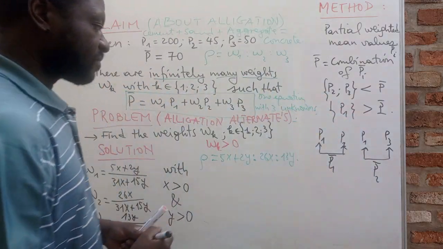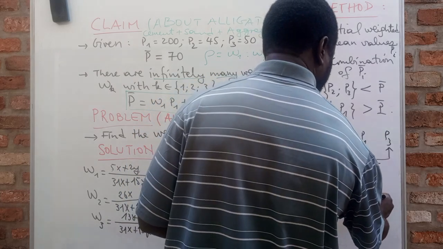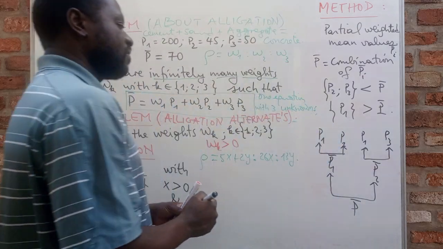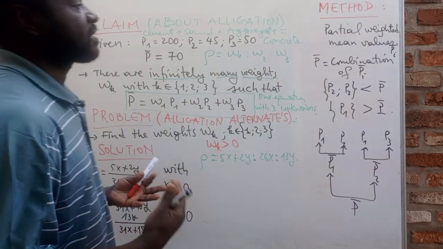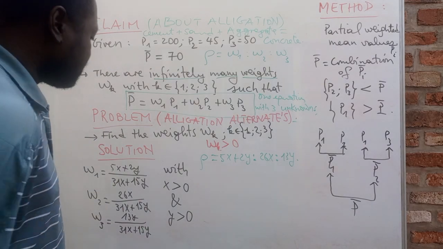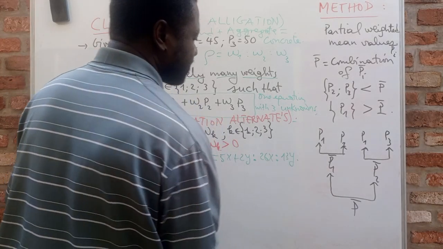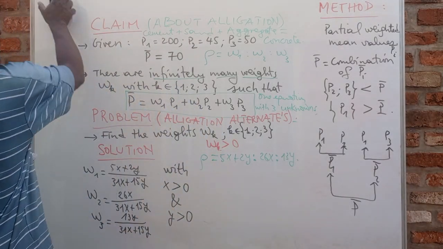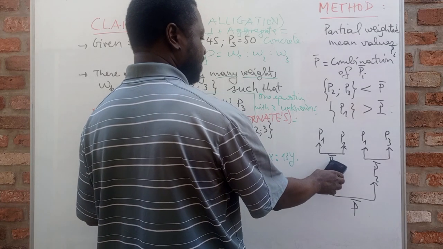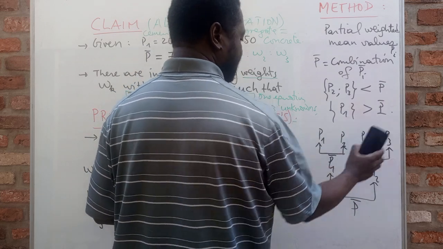And then what will be the mean value? The mean value is going to be equal to the combination of those two by using some weights. Now how do we use this method? We first consider this mean value as the mean value of the first two and the mean value of the first and the third.